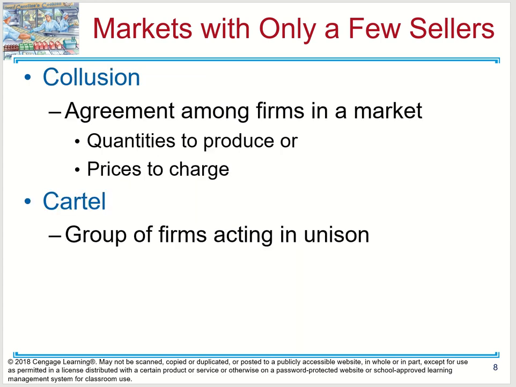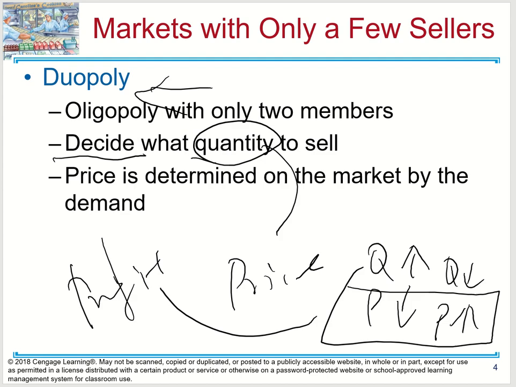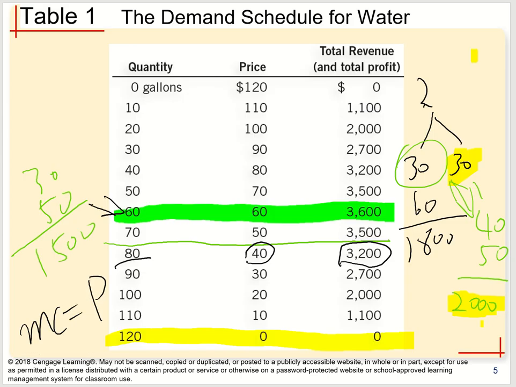All right, so now what's a collusion? Collusion is an agreement among firms in the market to either charge the same price or to produce a fixed amount of quantities. So in the previous example, if the duopoly companies decide to divide the market half and half, and each one only produces 30 units, that would be called a collusion.